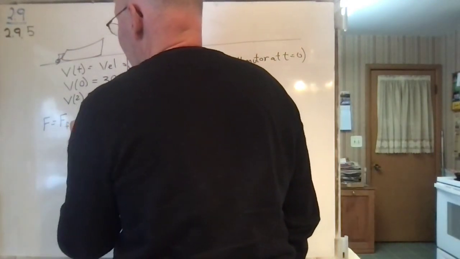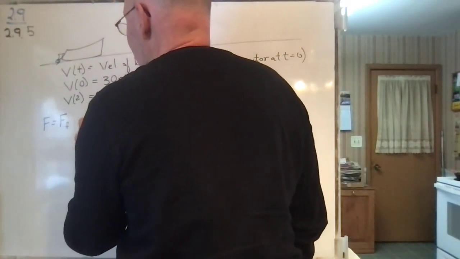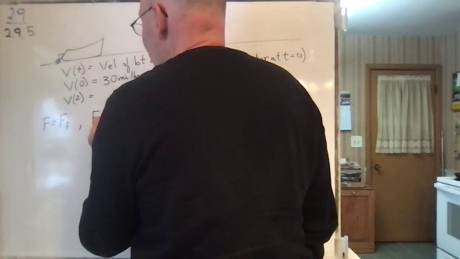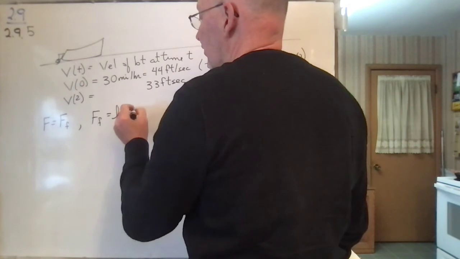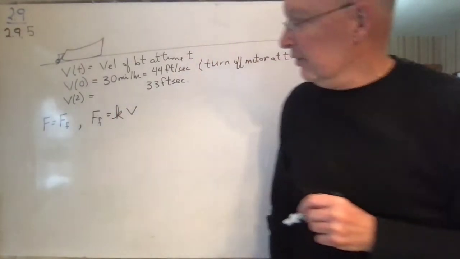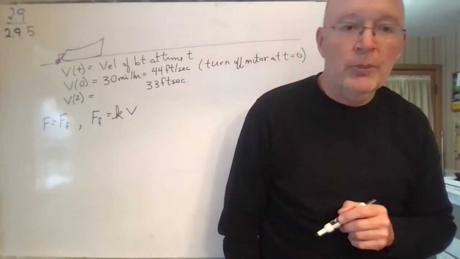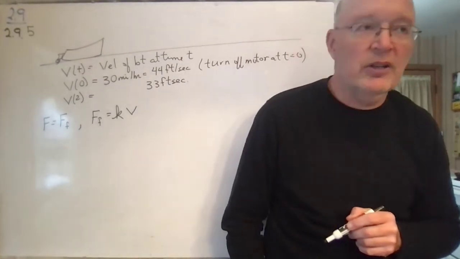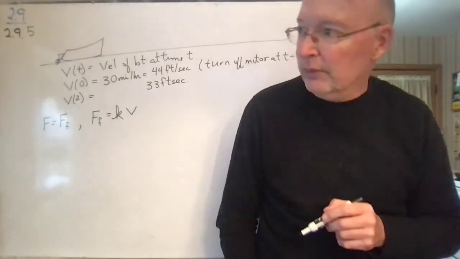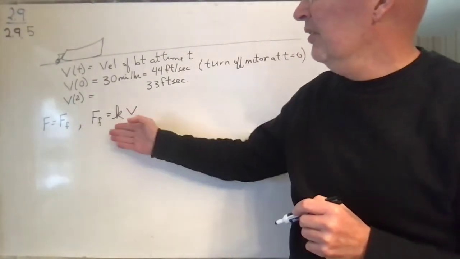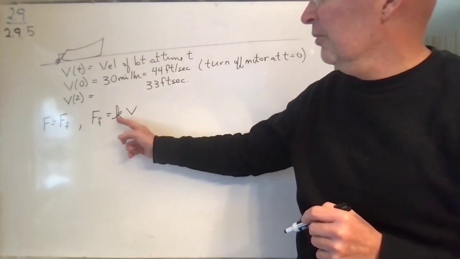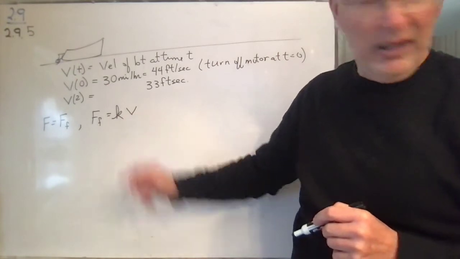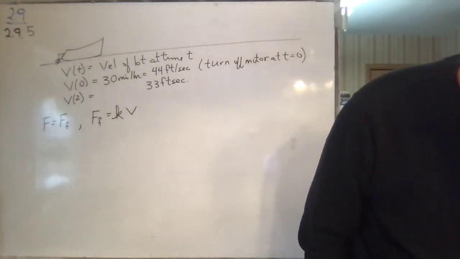That shouldn't be a surprise after our previous section in which we looked at terminal velocity. If you're going at fairly slow speeds, such as maybe the speed of this boat, then the force due to friction is proportional to the velocity.